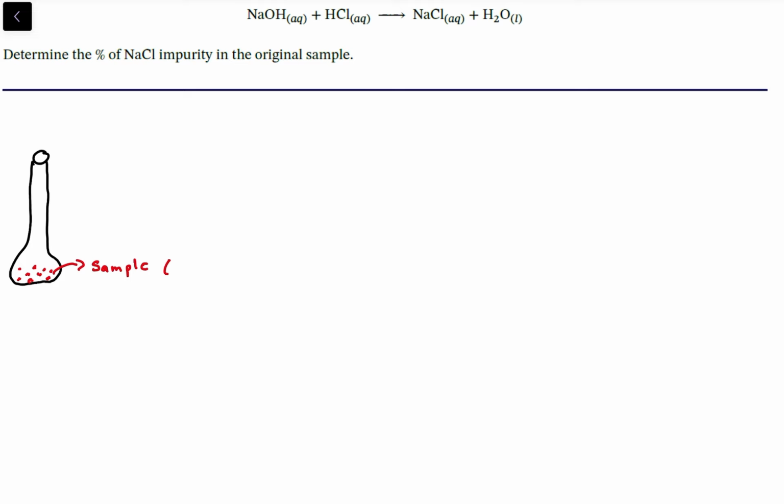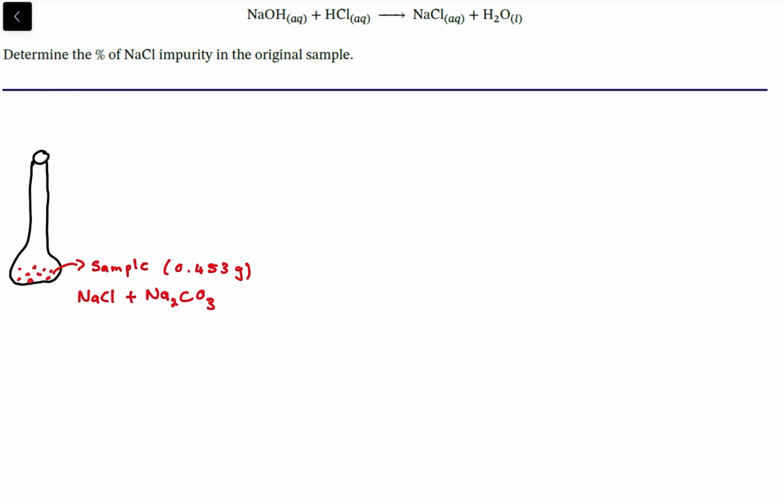Our sample, we're told, is 0.453 gram, and it consists of sodium chloride and sodium carbonate. Right, that's what we're told. So we have a dry powder sample in this volumetric flask.